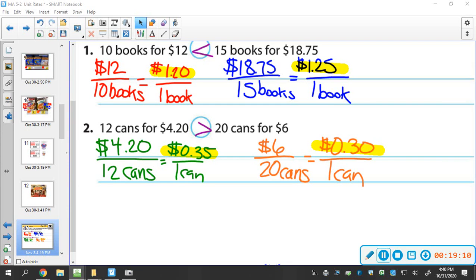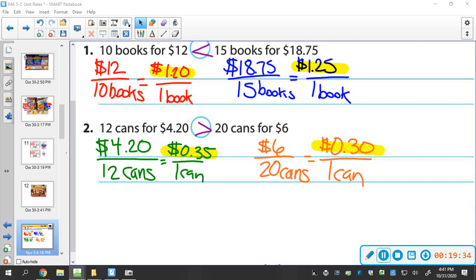Okay, so the price always goes on the top, the item on the bottom. So $12 for 10 books, that would be $1.20 per book, or $18.75 for 15 books, that would end up being $1.25 per book. So $1.20 per book is less than $1.25 per book.